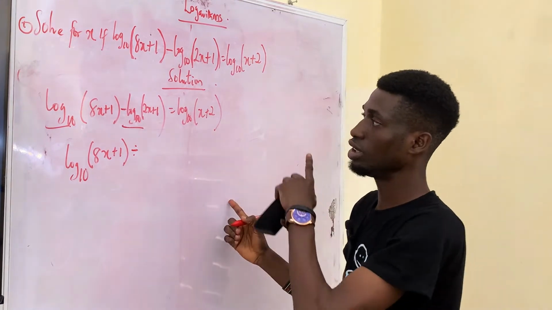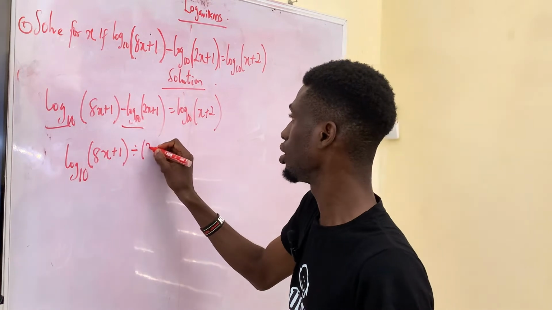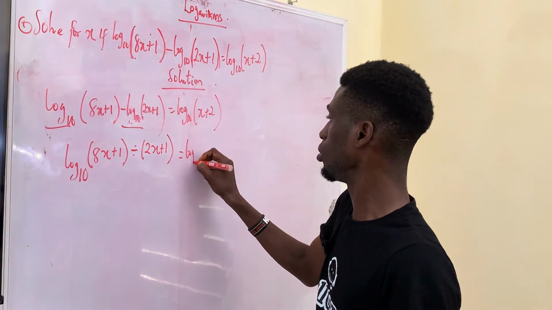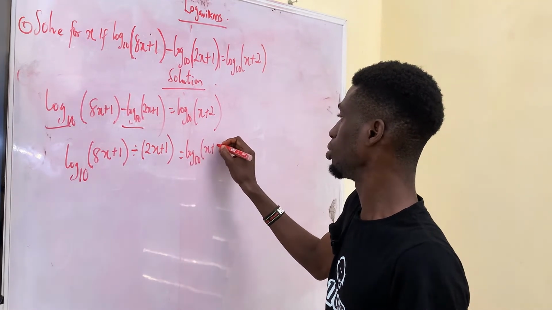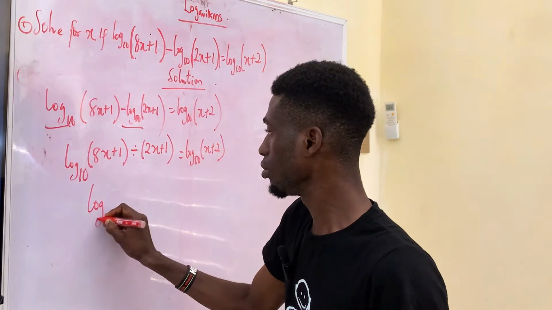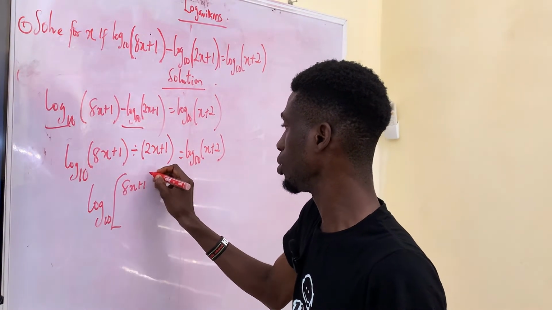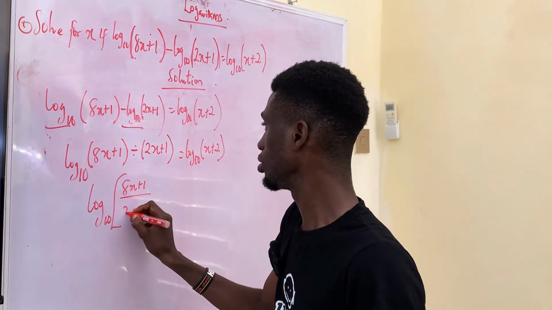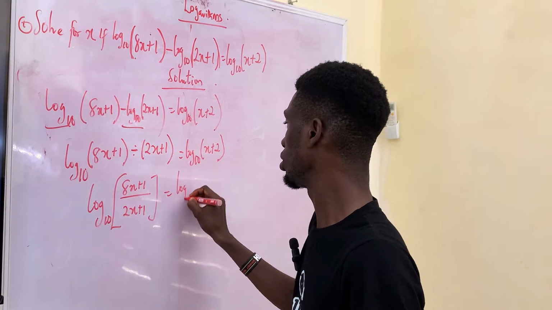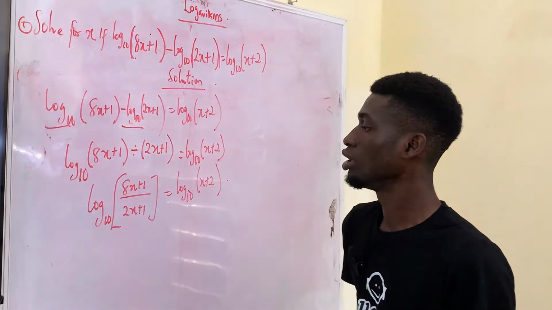Then also subtraction can be changed back to division. Then I have 2x plus 1 equals log 10 of (x plus 2). Now I can write this in this form: log 10 of (8x plus 1 over 2x plus 1) equals log 10 of (x plus 2).